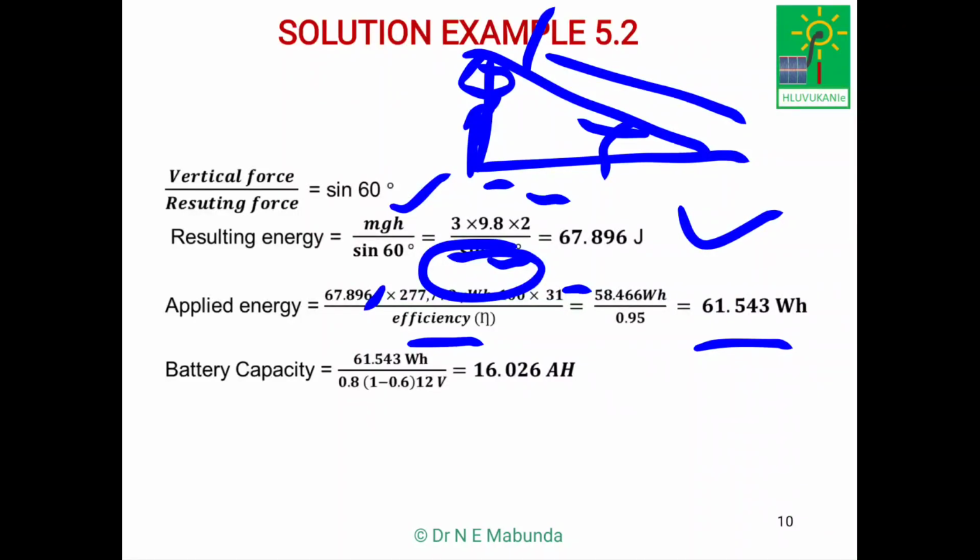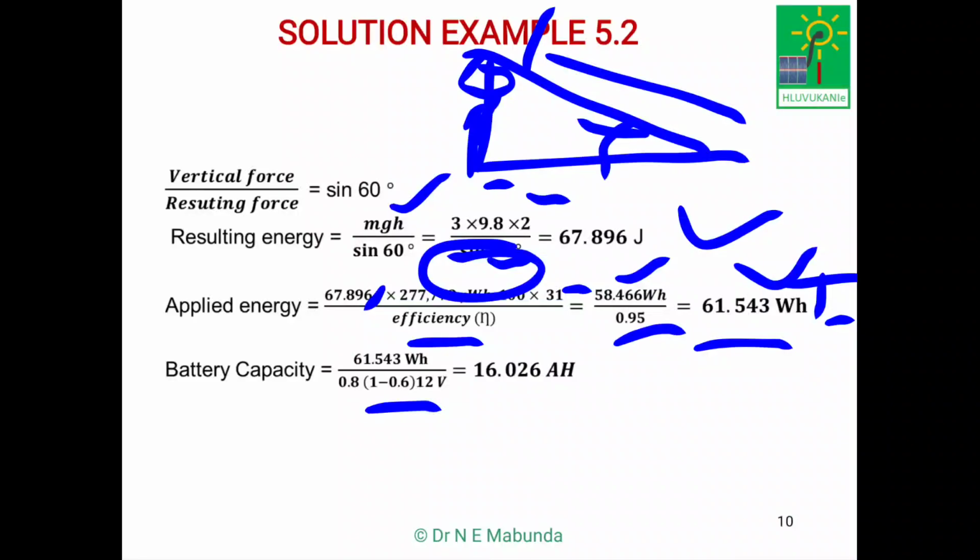Right, then having the energy of 5.466, you see the unit is in watt hour, but watt hour is VI. So if you want to cancel V and remain with amp hour, you have to divide by voltage. Again, don't forget that the battery has got, you can remove 60% of it. So you're going to remain with 1 minus 0.6. That is there. And the efficiency was already considered there.